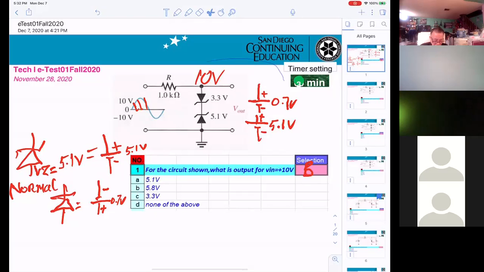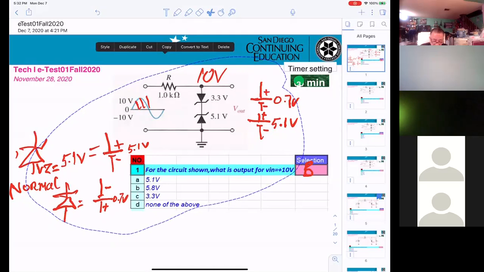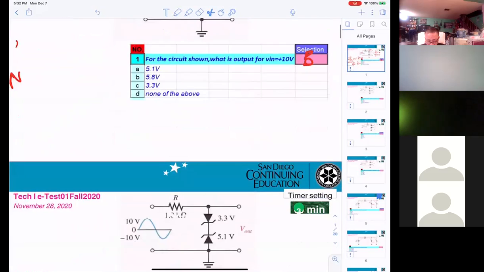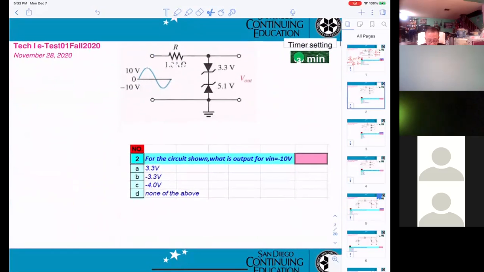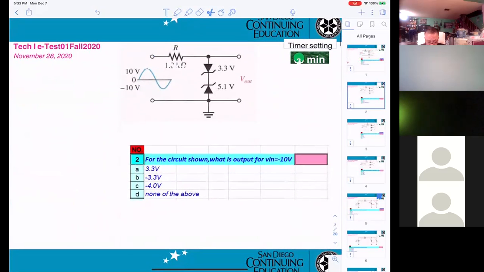Number 2. What's the answer for number 2?